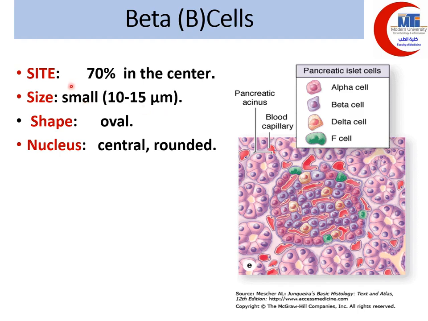As we mentioned, there is an inverse relationship between the percent of cells in islets of Langerhans and their size. Beta cells are oval in shape with a central rounded nucleus.